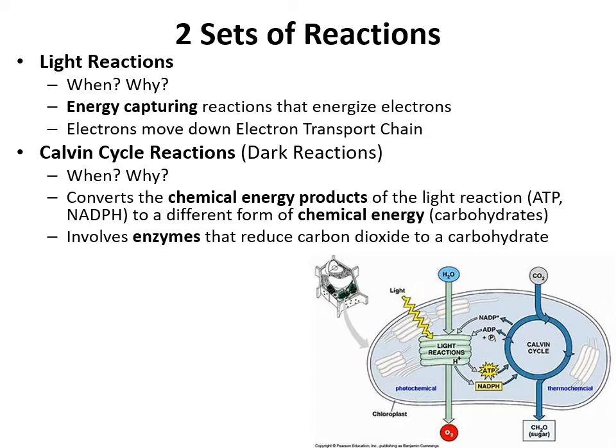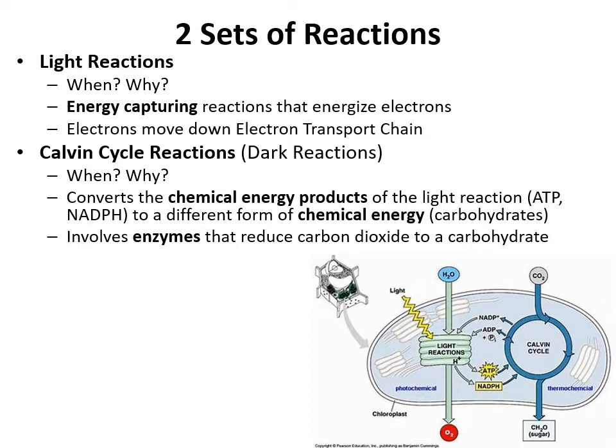Well, now in photosynthesis, you're going the opposite route. You are converting these forms of energy, these ATP and NADPH, into a different form of chemical energy, which now is the carbohydrate. And you can circle carbohydrates and remind yourself that this is usually glucose.